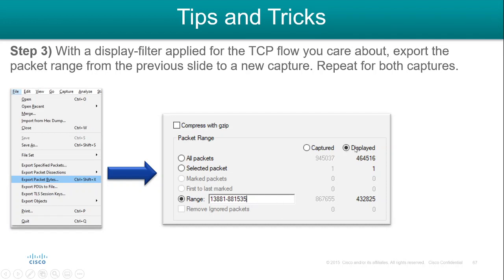And it could be captured or displayed depending on if you're trying to filter out a specific TCP flow. Maybe you want to do displayed. If you want all the TCP traffic, then maybe you might do captured. But I want to put in those two numbers that I know are common to both captures. And I'm going to do this twice, once for capture 1 and again for capture 2.